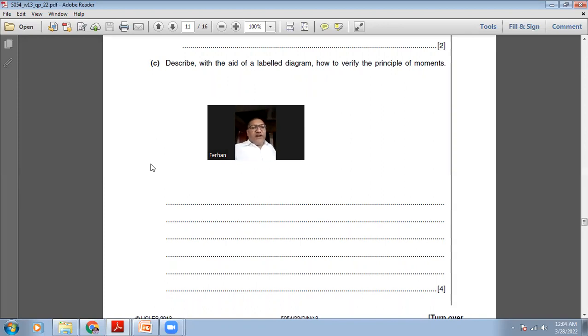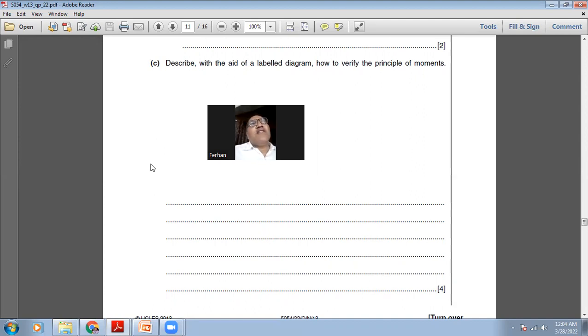You put those loads with the help of thread on both the left and the right side of the rod, and then you move both the loads until you achieve equilibrium. The rod becomes balanced on that pivot.